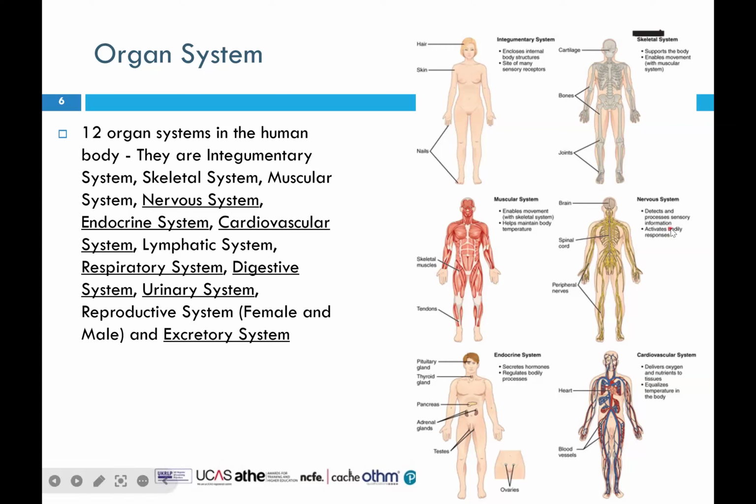The nervous system comprises the brain, the spinal cord, and the peripheral nerves. Within the brain, there's the central nervous system. From the spinal cord, you have the peripheral nervous system. The nervous system will detect and process sensory information.